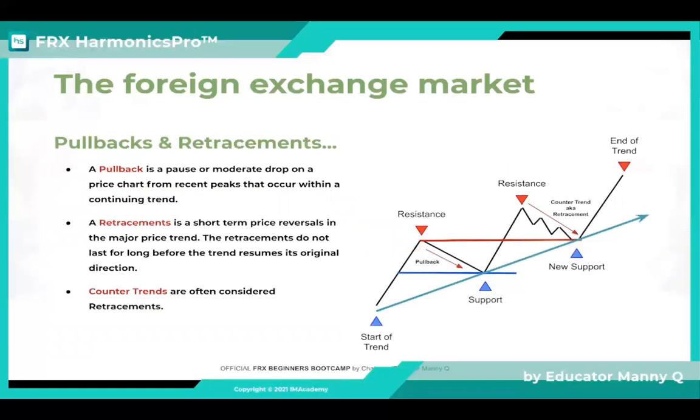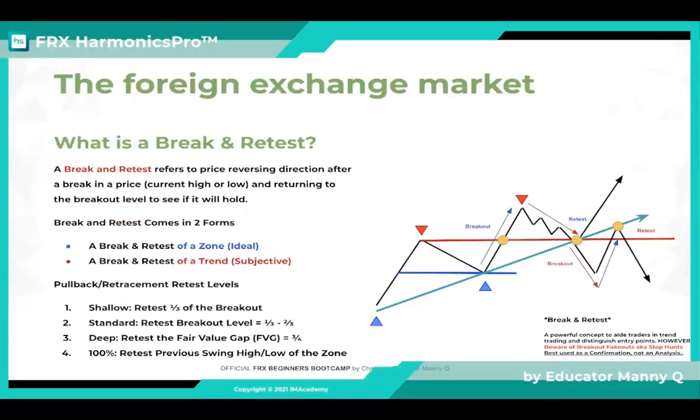We've also talked about pullbacks and retracements to a point where you're understanding how as the market structure is carrying price to highs and lows, how they're breaking into new highs and lows and pulling back in these zones, and what those pullbacks and retracements look like.